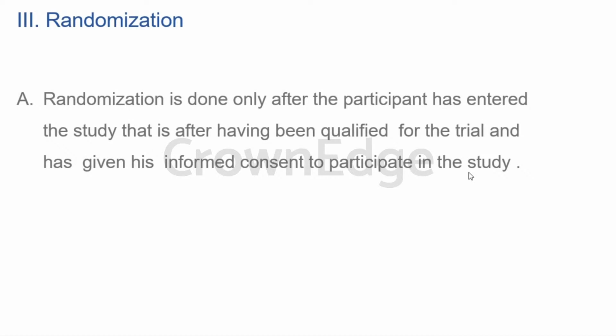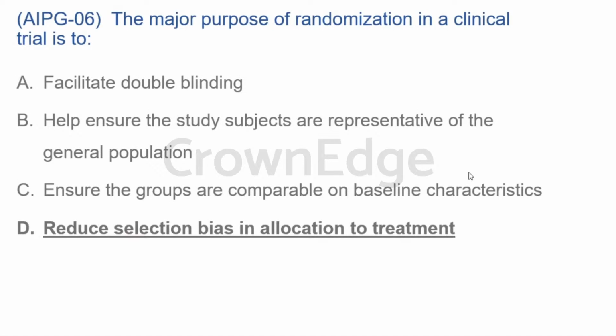Randomization is done only after the participant has entered the study, that is, after having been qualified for the trial and has given informed consent to participate in the study. This was a question asked in AIPG exam. The major purpose of randomization in a clinical trial is to reduce selection bias during allocation to treatment.